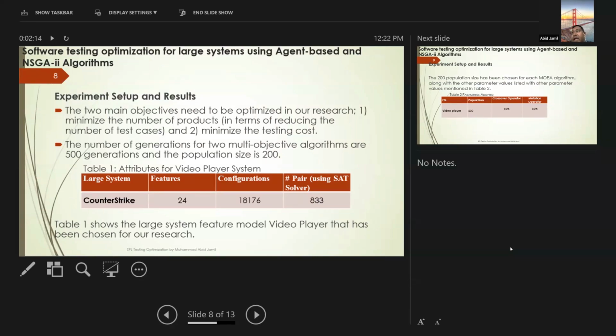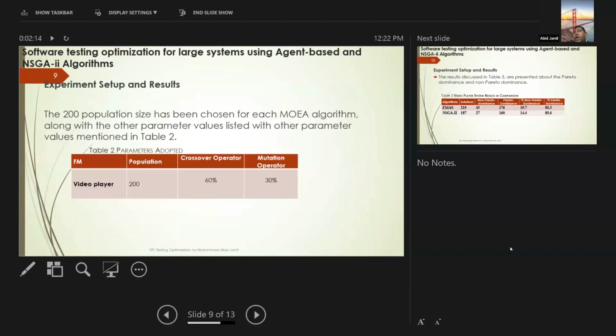If we go to the next slide, number 9, we select a number of parameters for the evolutionary algorithms. We use the crossover operator and the mutation operator.